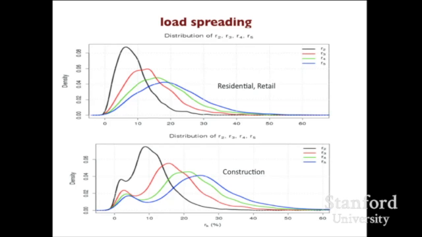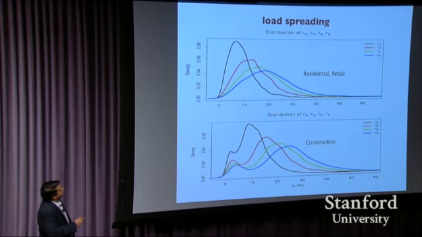So here are the curves. Typically, residential and retail very much look like this. If I change the maximum to the second maximum, I'm saving about 5% of capacity costs. If I now change the second maximum to the third maximum, closer to 10%. And if you can go up to the fourth, so you're looking at the fifth maximum, savings are 15%.